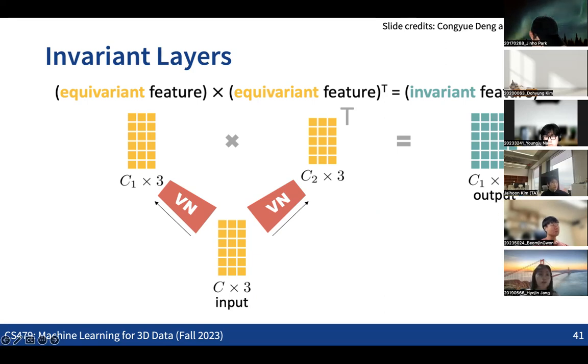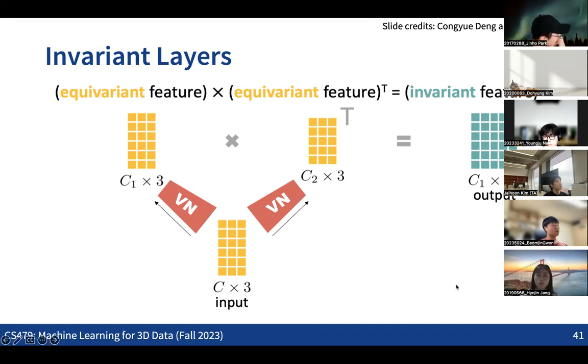So by just having one single rotation invariant layer in the rotation equivariant architecture at the end, we can easily transform the network into a rotation invariant network.